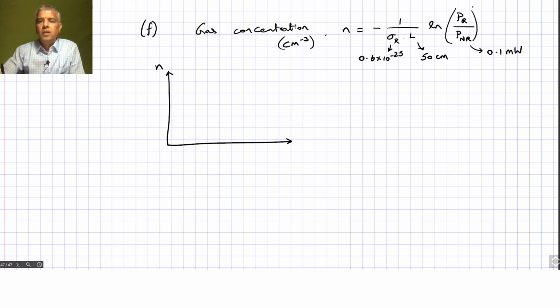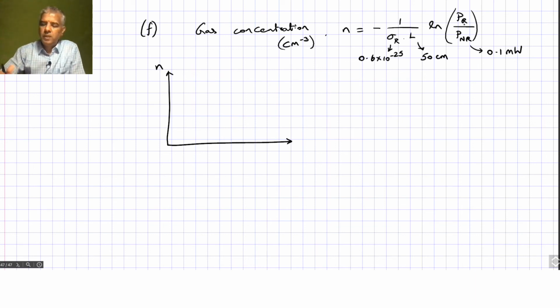PR changes according to changes in the gas concentration. So when you have a higher concentration, the value of PR is lower, and conversely, if it's low concentration, PR is higher. How high can PR be?